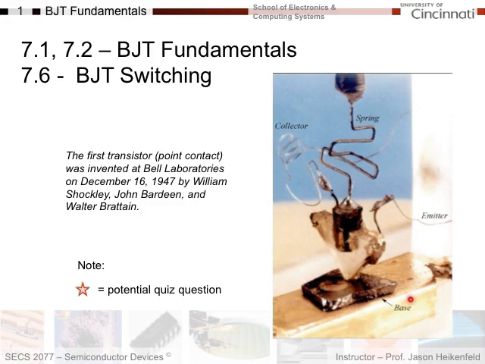The other parts, the emitter and the collector, are also terms we'll use for BJTs. The emitter is going to inject the carriers into the device, and the collector is just going to collect them out, basically. That's where those terms come from as well, and you'll understand more as we go through them. Again, note, anything starred in this lecture is a potential quiz question.